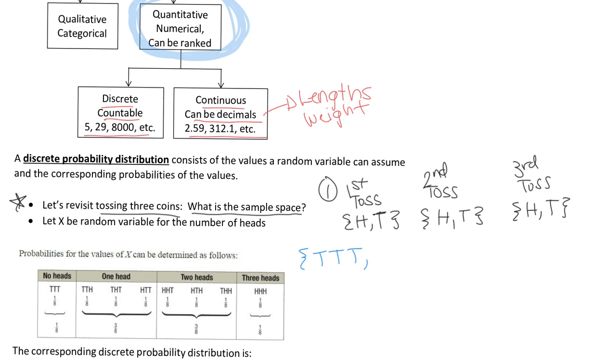I could toss the coin 3 times and I could get tails, tails, tails. Well then I could toss it 3 times again and I could get tails, tails, heads. I could get tails, heads, tails. Or I could get heads, tails, tails.